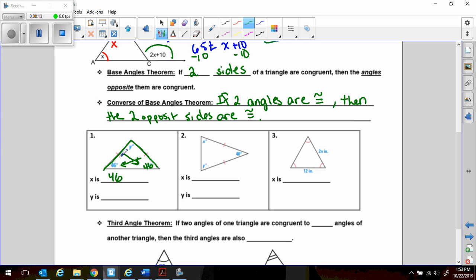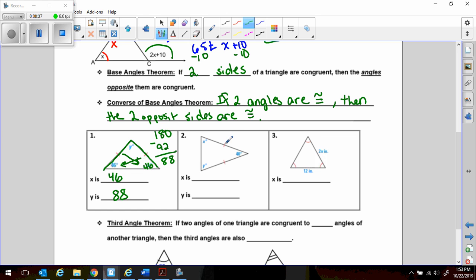So 46 plus 46 equals 92. And then I would subtract it from 180 because I know the angles in any triangle add up to be 180. So 180 minus 92 is 88, I believe. Make sure I'm right. So y would have to be 88.